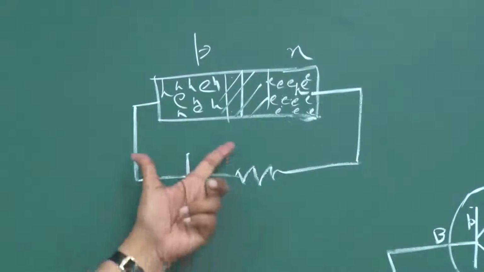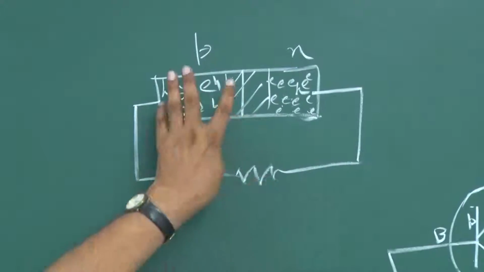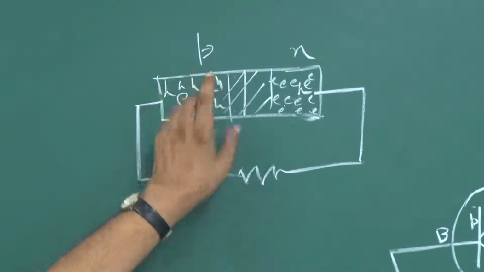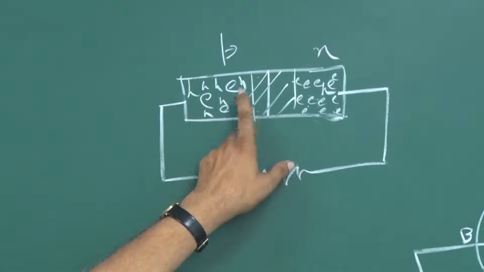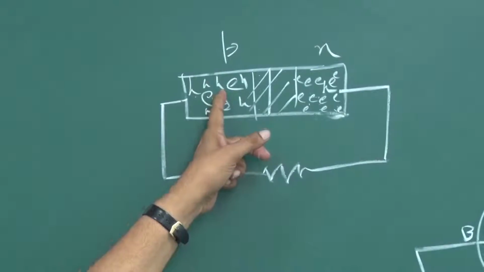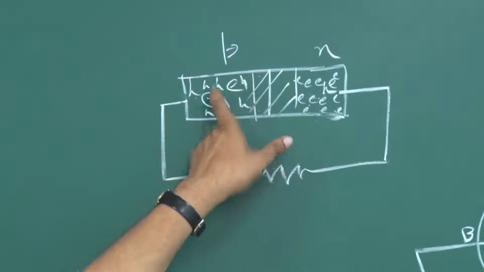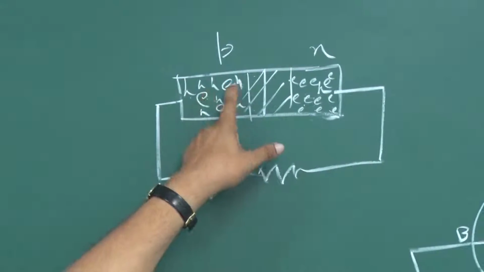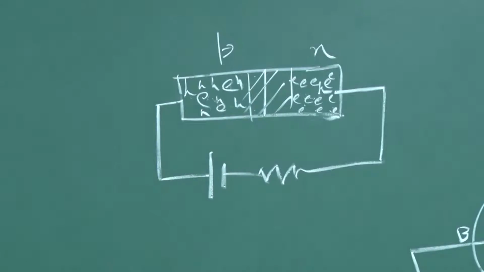So, if this length is sufficient, if the electrons take considerable time traveling from this to this, in between many of them will recombine with the holes here. They will combine with the holes here, and that electron hole pair will vanish.